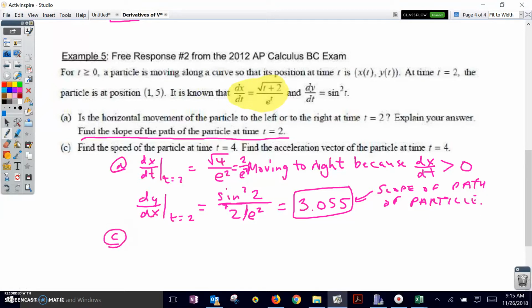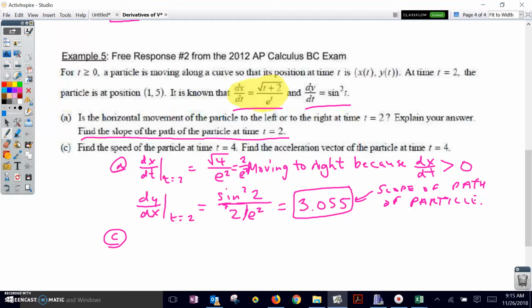All right. Part C here. Find the speed of the particle at time t equals 4. Find the acceleration vector of the particle at time t equals 4. Okay, so the speed is going to be equal to the magnitude of the velocity vector. We have the velocity vector because we have these components up here for dx/dt and dy/dt for the path of the particle.